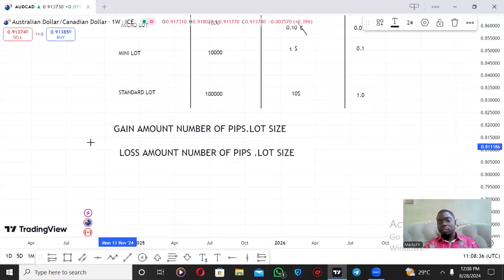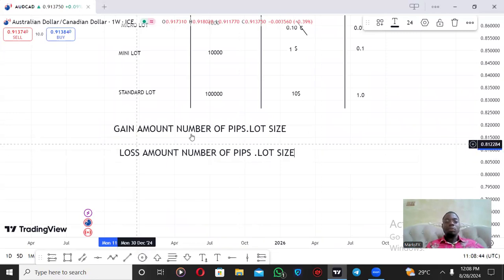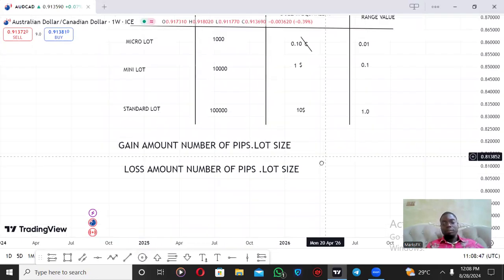So to get the amount of money you are going to lose, the loss amount will be equal to number of pips times lot size, and the gain amount will be equal to number of pips times lot size.